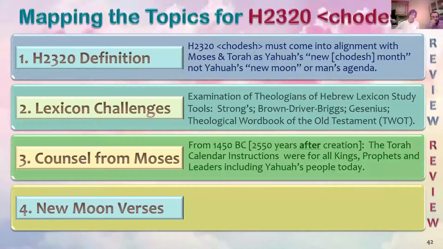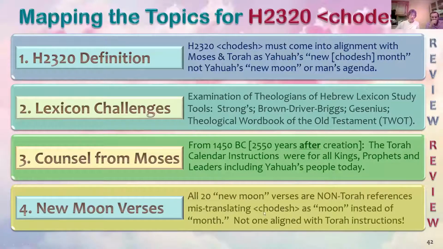We also did those 20 new moon verses, and found that they were all non-Torah references. Every single one of them mistranslated Kodesh as moon instead of as month. And not one of those 20 verses aligned with Torah instructions. So those are two different studies that work up to this one today.